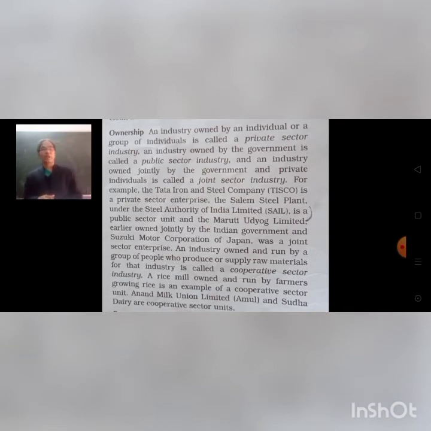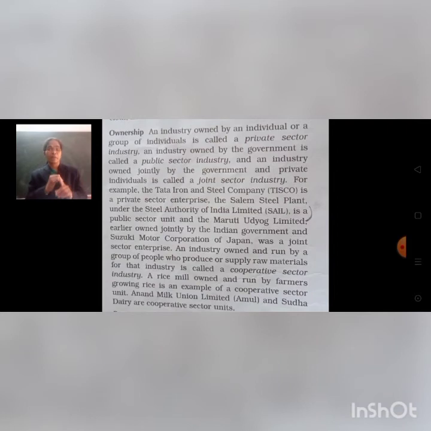And see another classification, that is ownership. An industry owned by an individual or a group of individuals is called a private sector industry. By the name itself it is clear.